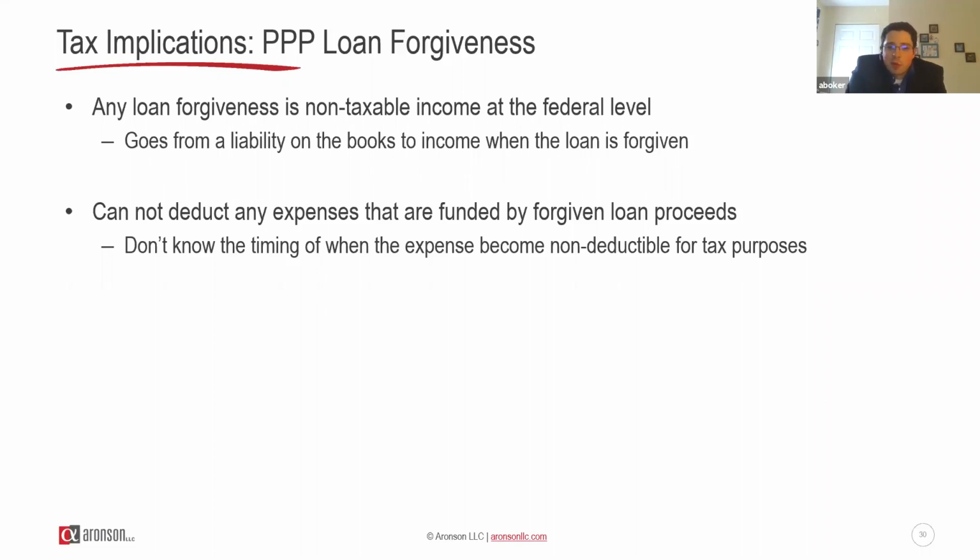Does it happen in 2021 when the loan is forgiven? Does it become applicable in 2020 retroactively, when those expenses were paid for? We don't know, and we imagine we're going to have to get more guidance on this. But this is one thing I think you've got to be very cognizant of as you start planning for taxes next year. You start doing some year-end tax planning later in the year. And we'll have to wait and see how this one shakes out.